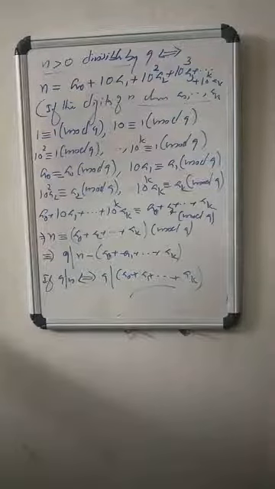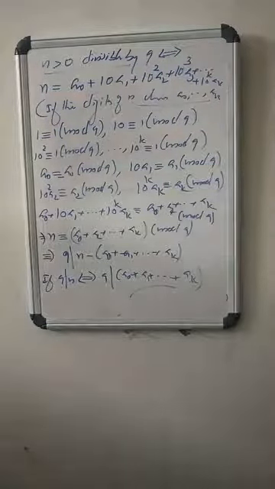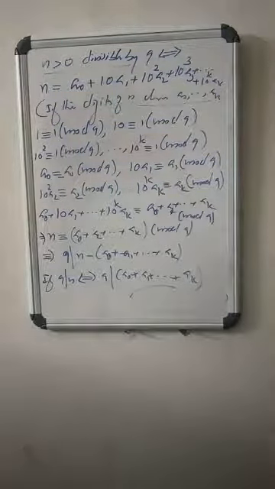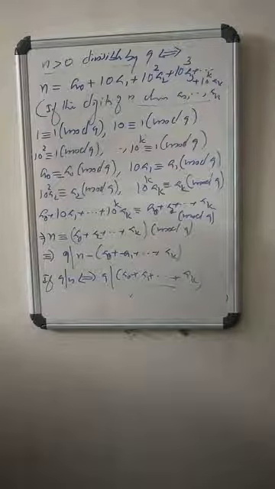This is an interesting result. When n is greater than 0, n is divisible by 9 if and only if the sum of its digits in the decimal expansion is also divisible by 9.